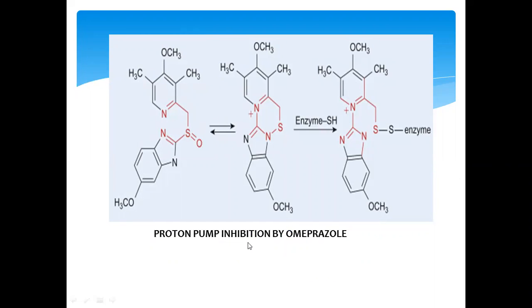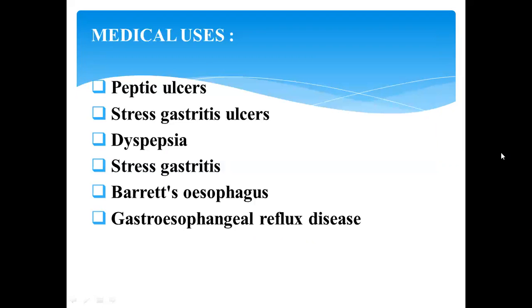This is the mechanism for omeprazole: when two omeprazole moieties interact with the help of the enzyme's sulfhydryl group present in cysteine, it gets converted into the active form of omeprazole, which reduces the gastric acid secretion.